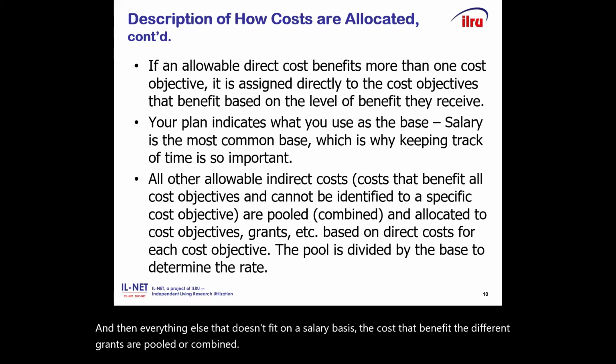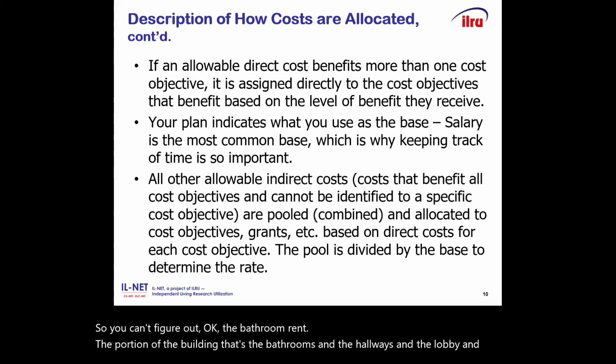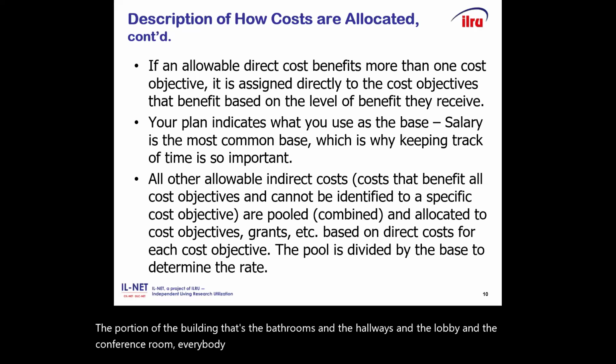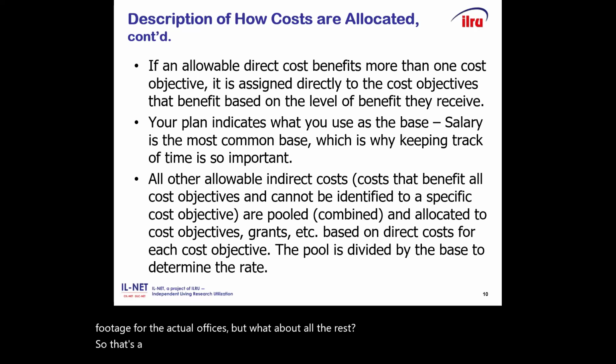So you can't figure out, okay, the bathroom rent, the portion of the building that's the bathrooms and the hallways and the lobby and the conference room, everybody shares that. Maybe I could assign the rent based on square footage for the actual offices, but what about all the rest? So that's a cost, right? Then you pool that cost, all your operations costs, the percentage of it that's not direct.